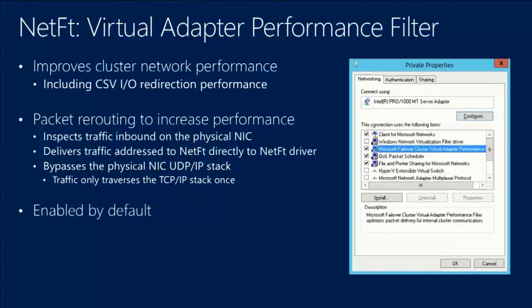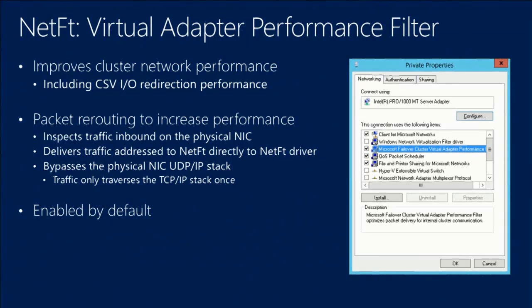So in Windows Server 2012, we introduced a Microsoft Virtual Adapter Performance Filter. If you open up the properties of the netft, you would see the Microsoft Failover Cluster Virtual Adapter Performance Filter. The job of this filter is to optimize the inbound traffic. Because the packet on the wire is a UDP packet that underneath has a payload of TCP.